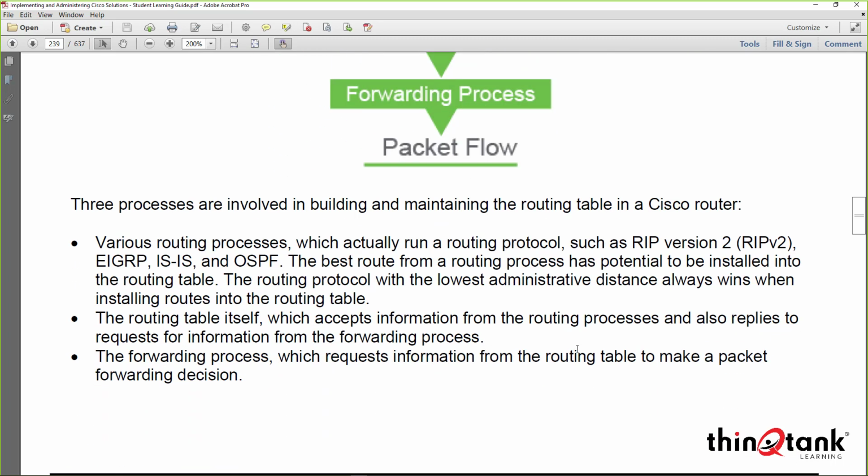All right, then we forward the packet. Okay? And again, various routing processes have different ways of determining the best route. The routing table itself accepts information from the routing processes and replies to requests for information from the forwarding process, meaning the routing table is what we analyze to be able to identify how we're going to reach a particular destination.